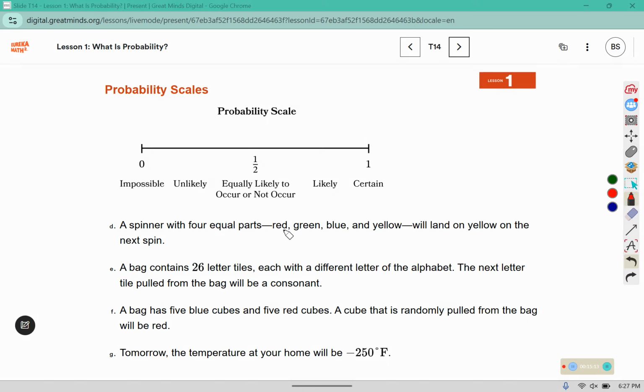Well, there are 4 equal parts, so it would be 1/4, which is unlikely. A bag containing 26 letter tiles, each with a different letter of the alphabet. The next letter tile pulled from the bag will be a consonant. Well, there are more consonants than vowels in the alphabet, so that is likely.